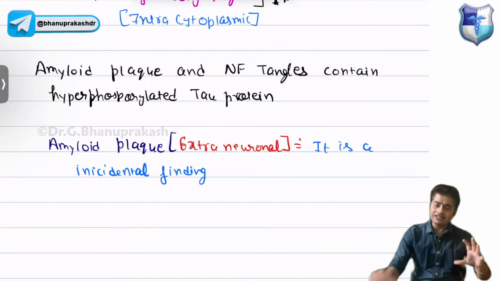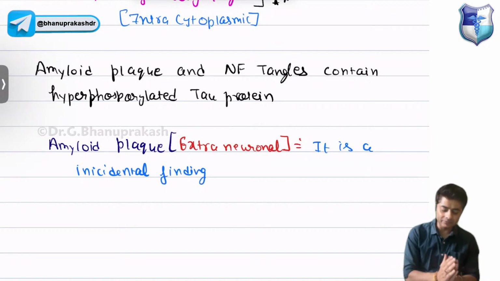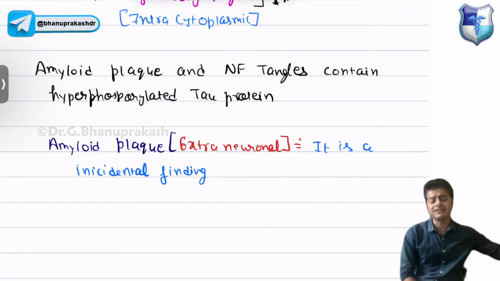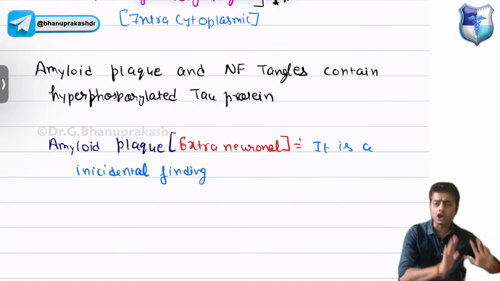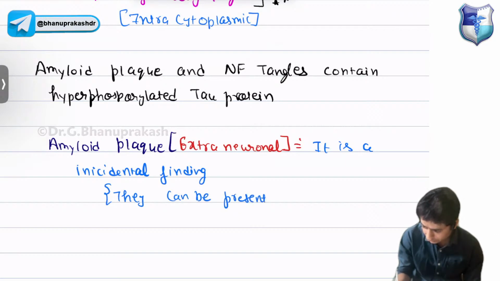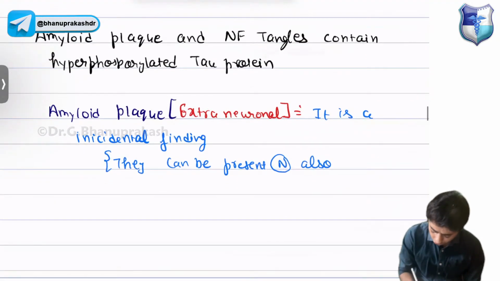Means in old age it can be present normally also, but if present in excess, then it is Alzheimer's. So they can be present normally also. ठीक है?